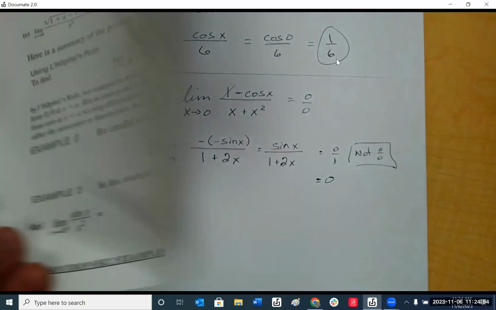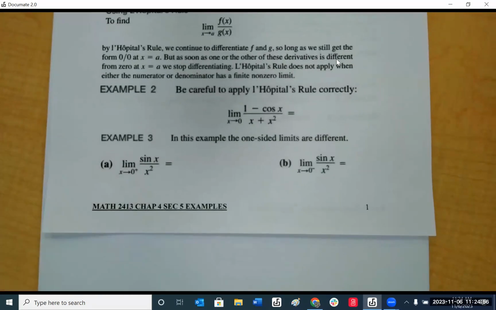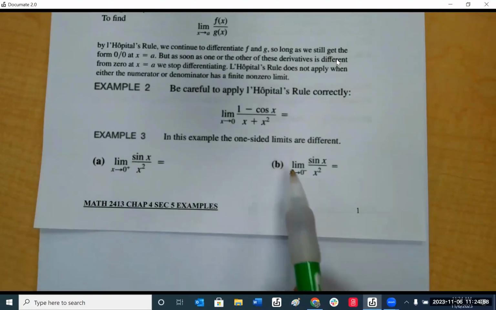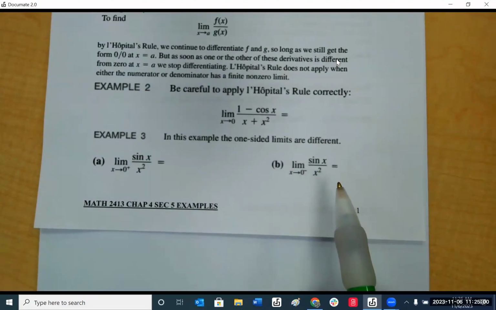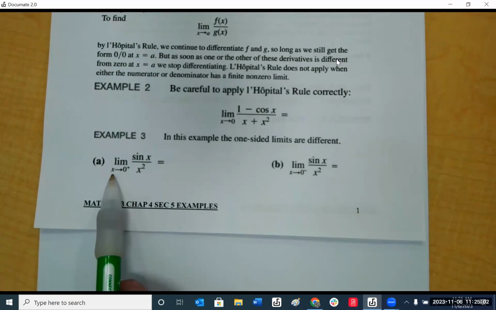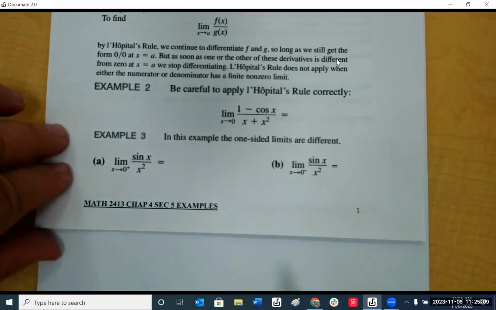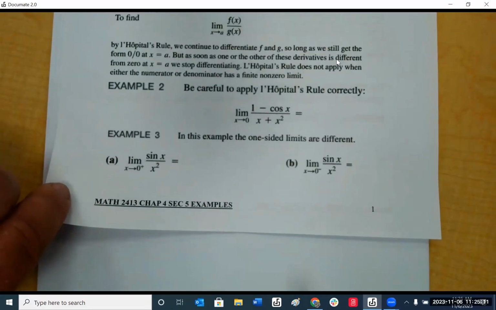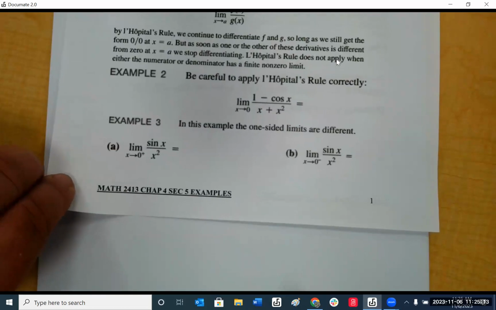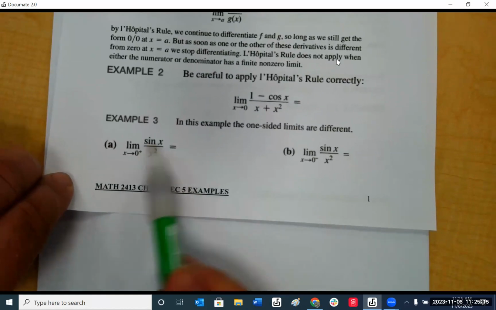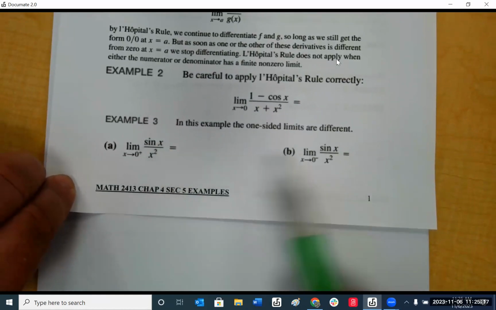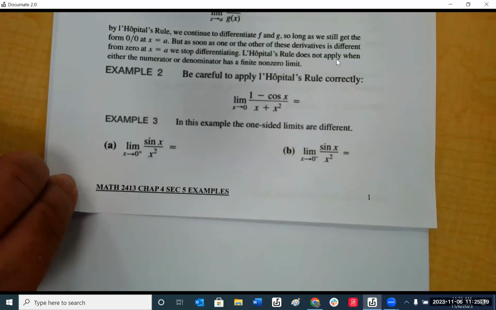Okay, here's number 3. In this example, one-sided limits are different. So as x approaches 0 from the right and x approaches 0 from the left, let's look at their limits. It's sine x over x squared, both of them, going from both directions.